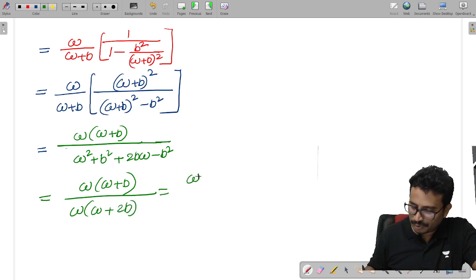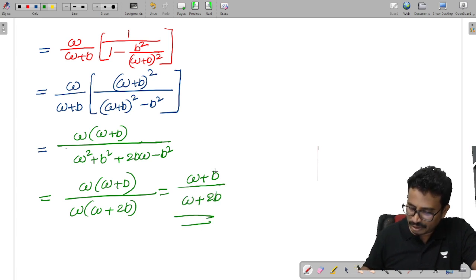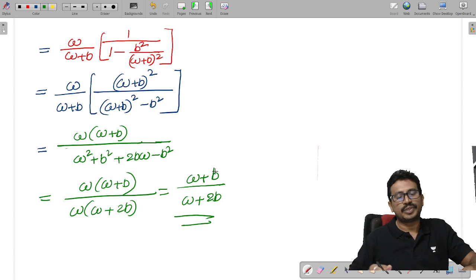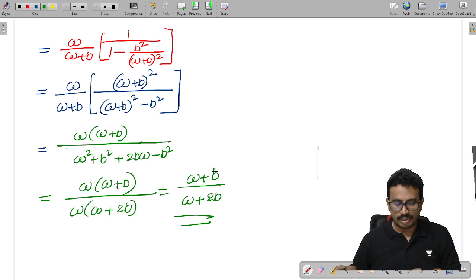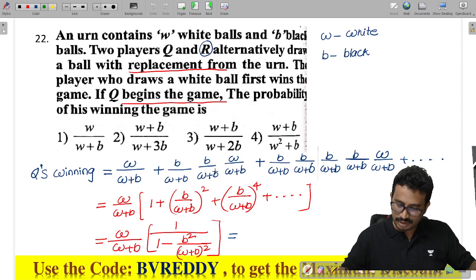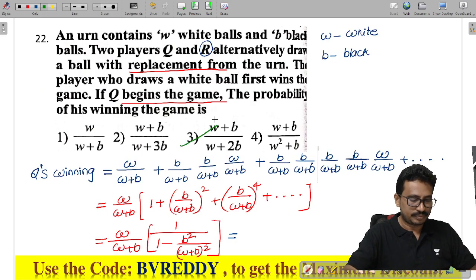So what I get now is W by W plus 2B. This is the probability of what? Whose winning is it? This is the probability of Q's winning. Fine. So what option do you see? Third option.